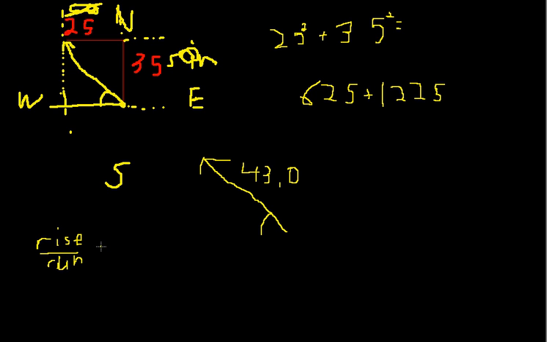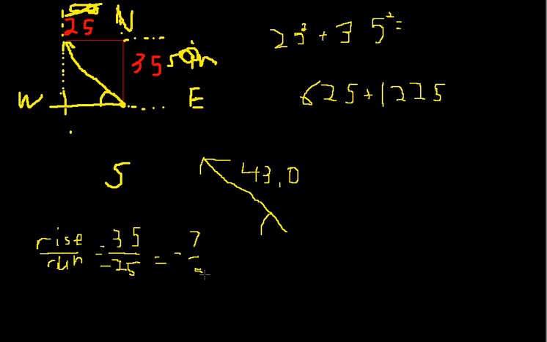Well, the rise here is 35, because that's how far he goes north. And then the run, careful, this is not 25. It's negative 25, because if this is 0, this would be positive, and this area would be negative. So it's going to be over negative 25. And then you could simplify that. If you divide both the top and the bottom by 5, that's equal to negative 7 over 5.